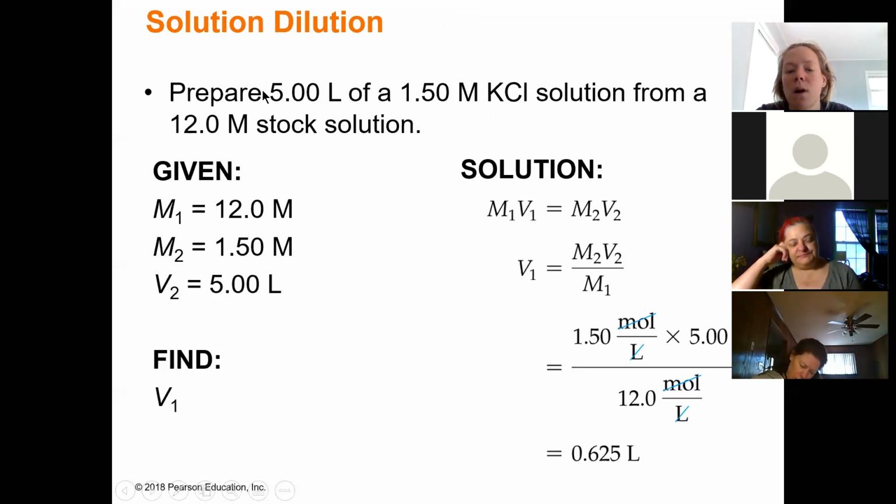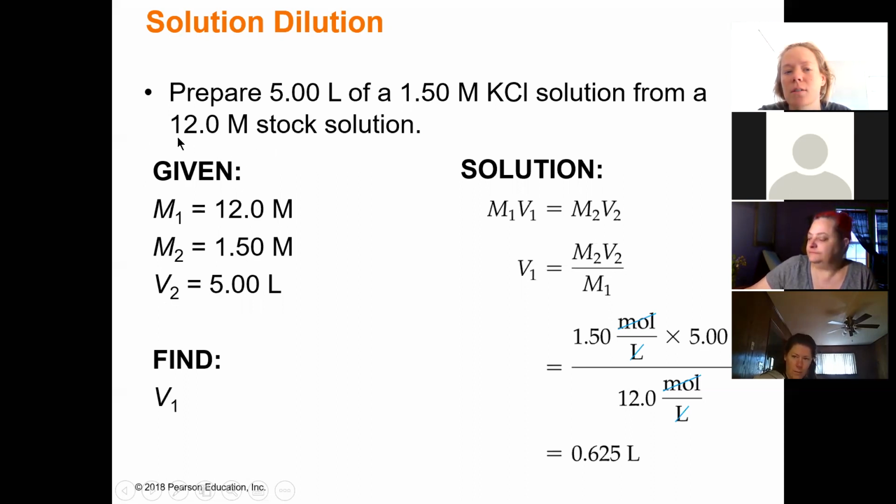So we know what we want our final volume to be, our V2, we want it to be 5 liters. We know what we want our final concentration to be. We want it to be 1.50 molarity. And we have a stock solution in the back that's a 12 molar solution. So we need to decide, well, how much of this initial stock solution do I need to pour out in order to dilute it? So we need V1.